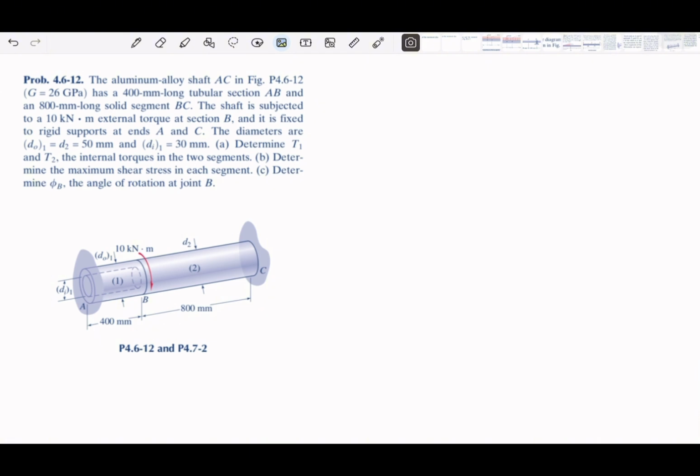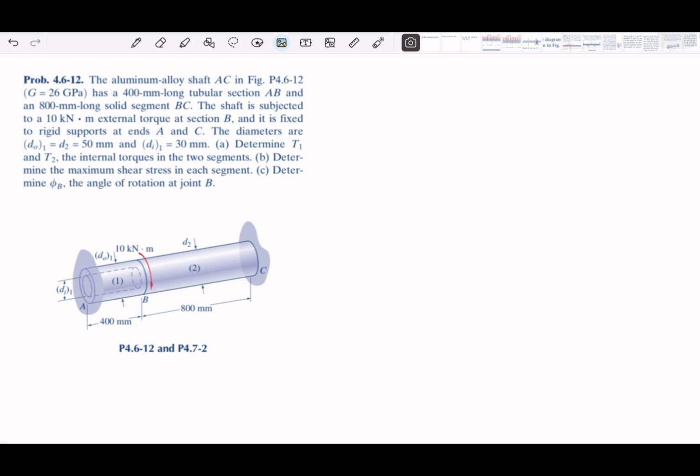The difference between solid and hollow will be the inertia. How to find the inertia? You have each own diameter, and then the question asks for T1 and T2, the internal torques in the two segments. The second one is the maximum shear stress, tau max for element 1 and element 2. And then the twist angle at B.